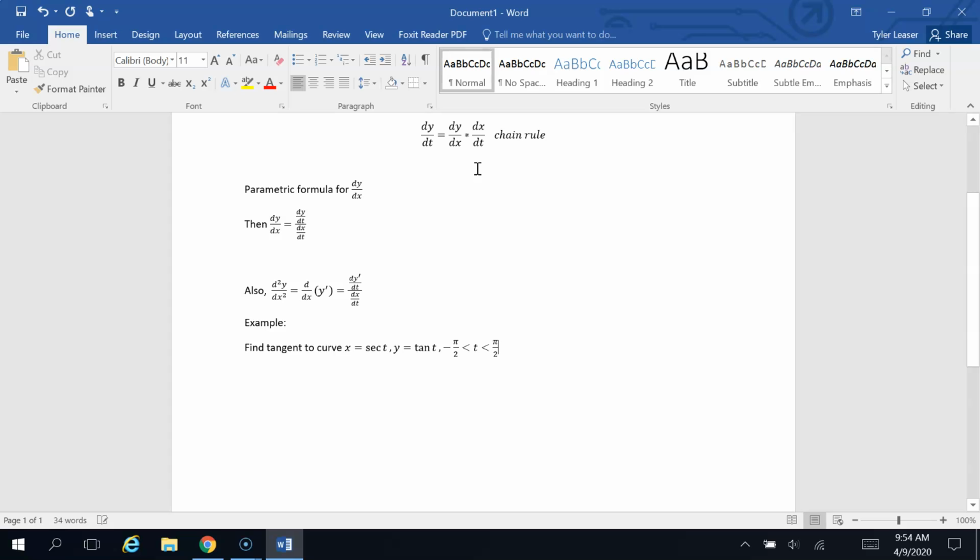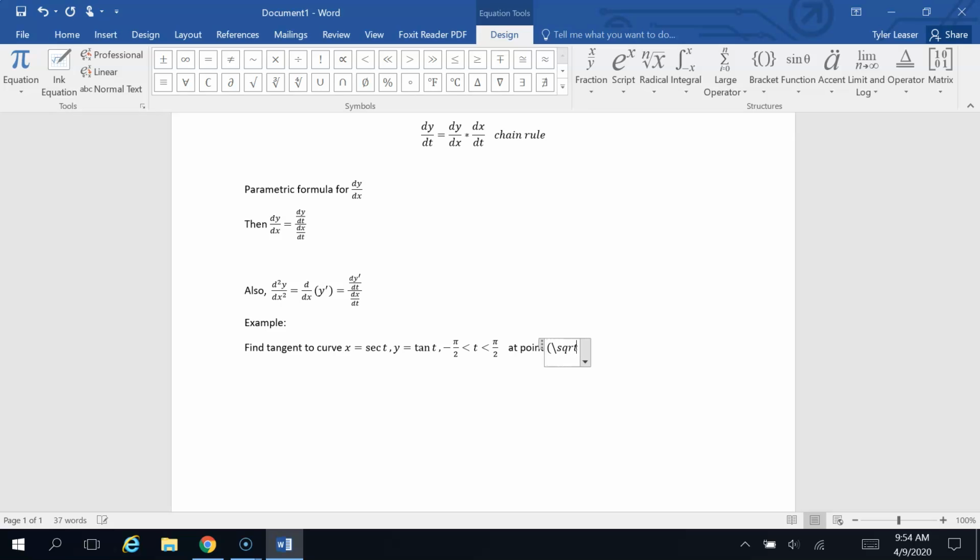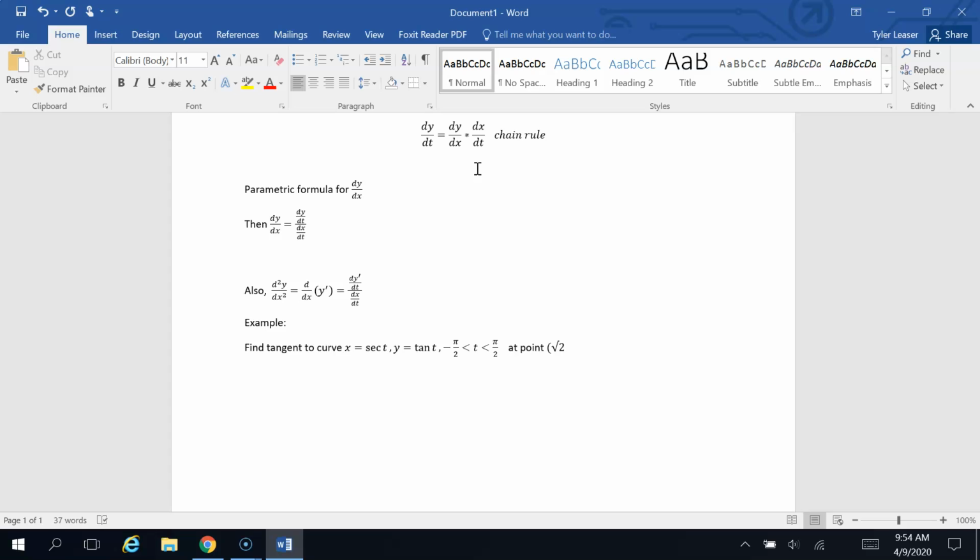Now, we don't want just the generic tangent. We want it at a certain point, so we're going to find this at the point square root 2, comma 1.